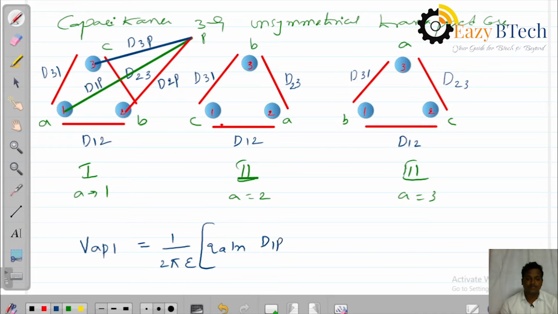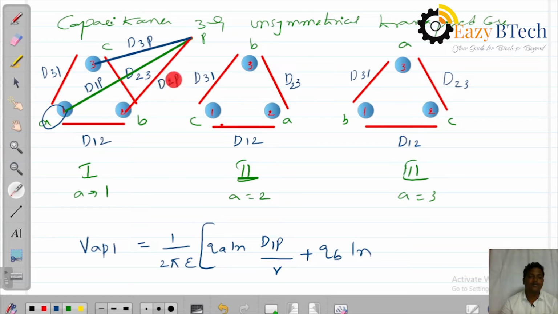Therefore, D1P by the self distance of conductor DA. DAA is nothing but R. Therefore, it is R. From second conductor QB ln, the distance from conductor B to P.